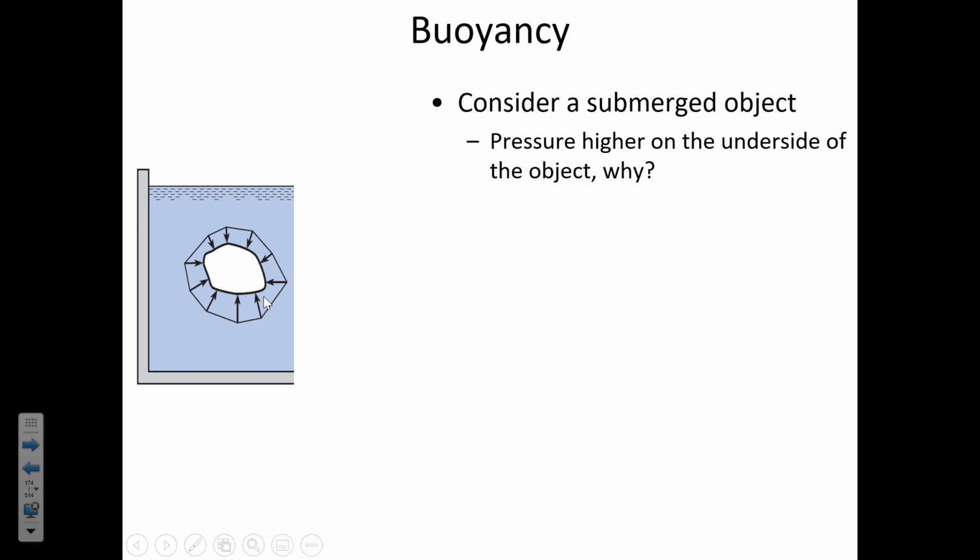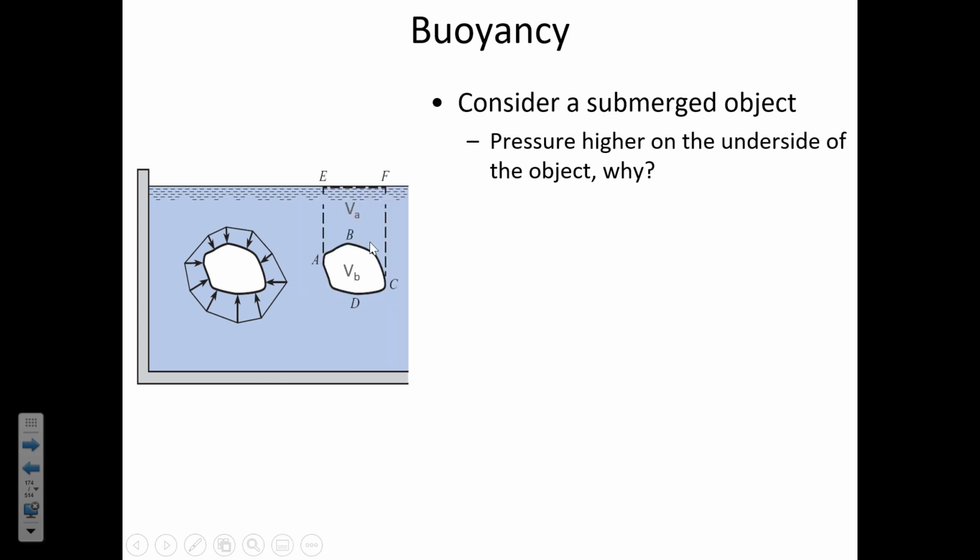And if it's irregularly shaped, then the pressure forces are going to be normal to the surface. And so here you can see that it's a little bit sideways and coming in from a different direction, but it turns out that there's going to be a much simpler approach than this first idea, that is just let's find the difference between the pressure forces from beneath and the pressure forces from above.